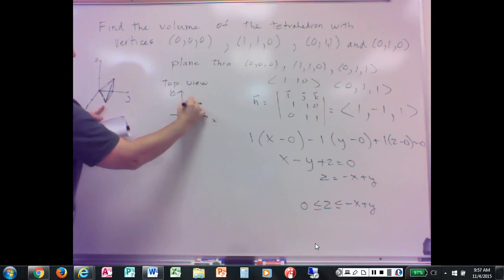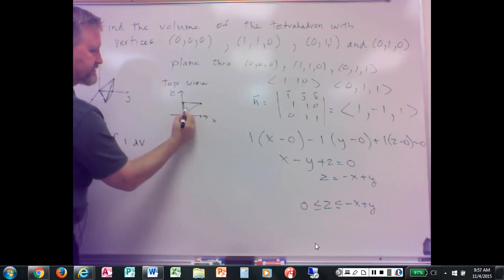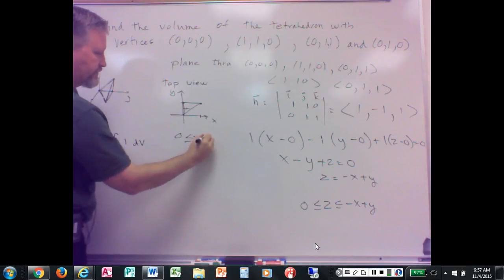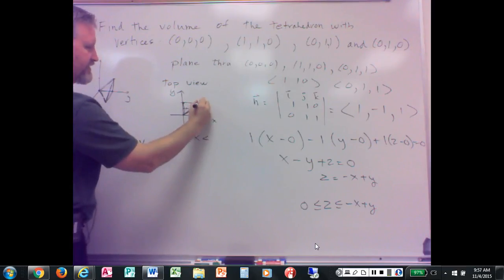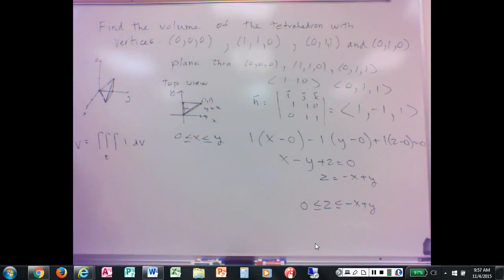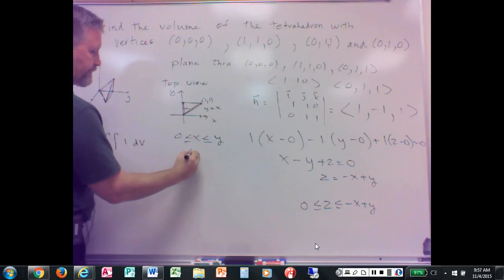So this triangle would be the top view. We can say the x's go from 0 to this line, and since that's through (1, 1), y equals x, so the x's would go from 0 to y. And then the y's would go from 0 to 1.